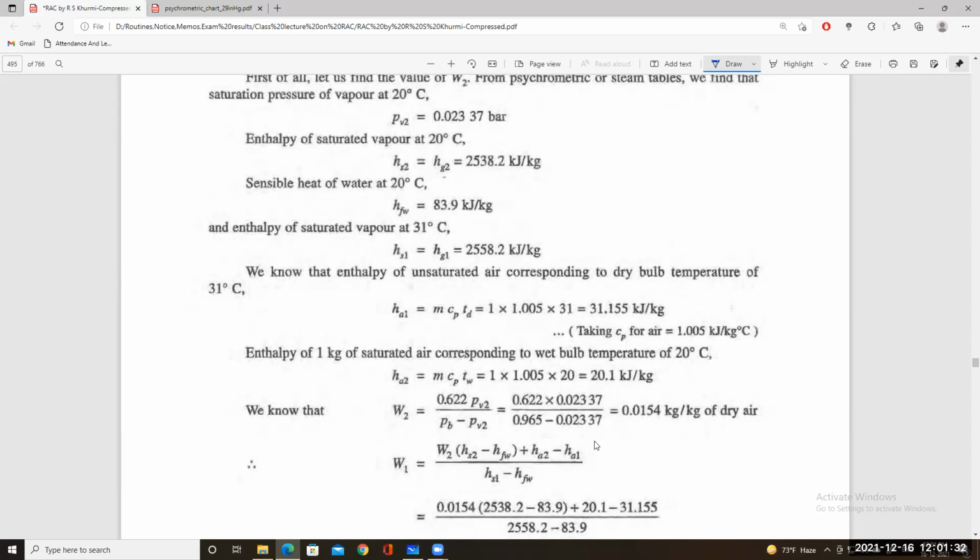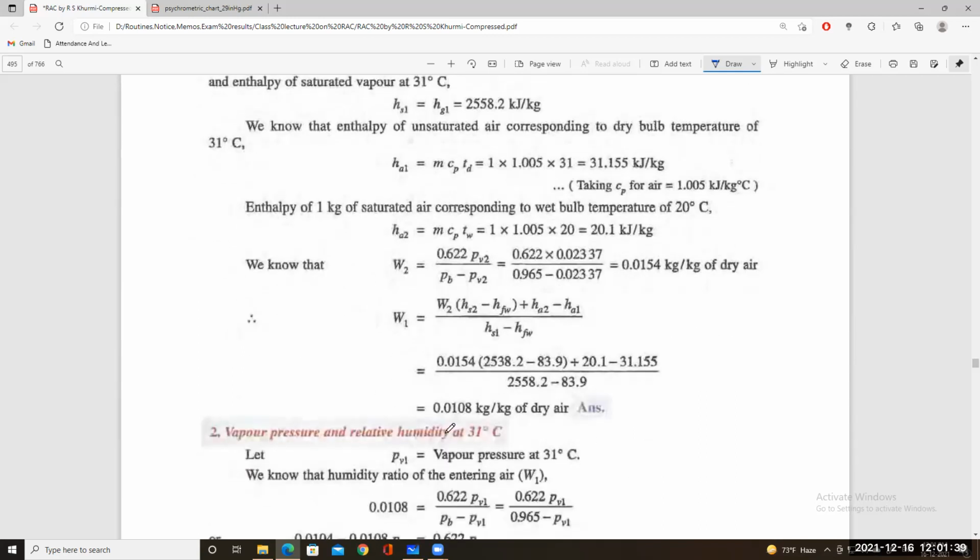Putting in the same values, we get 0.0108 kilojoule per kg of dry air, that is W1.